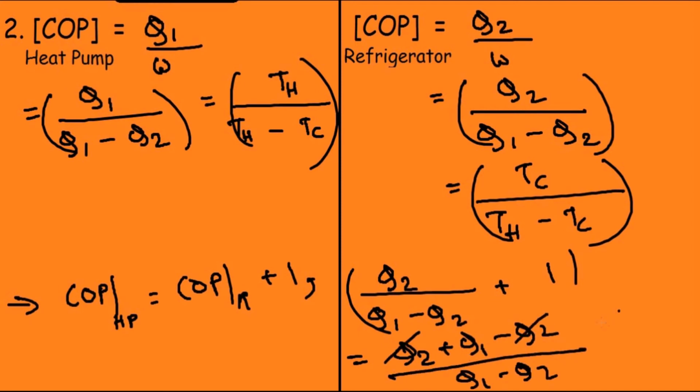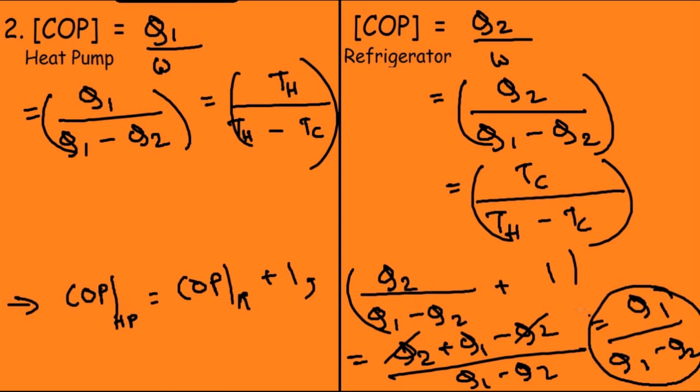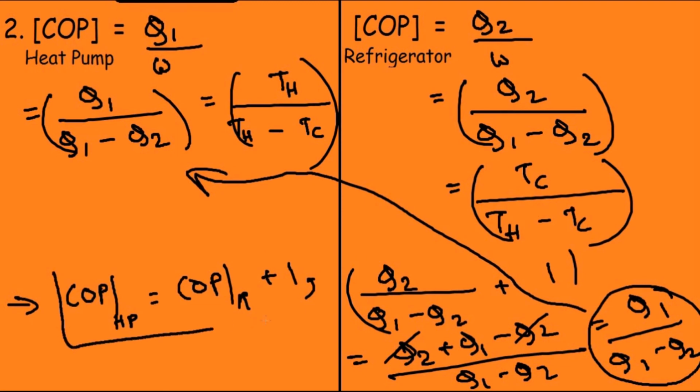So this Q2 gets cancelled and this becomes Q1 by Q1 minus Q2, which is equal to the COP of the heat pump. So COP of heat pump equals 1 plus COP of refrigerator.